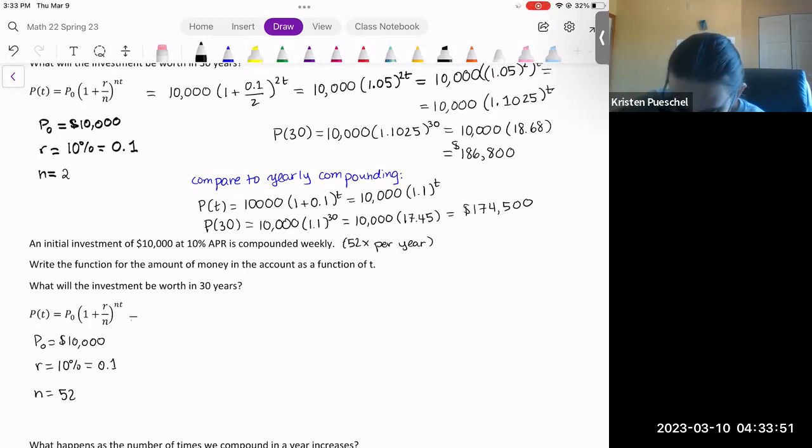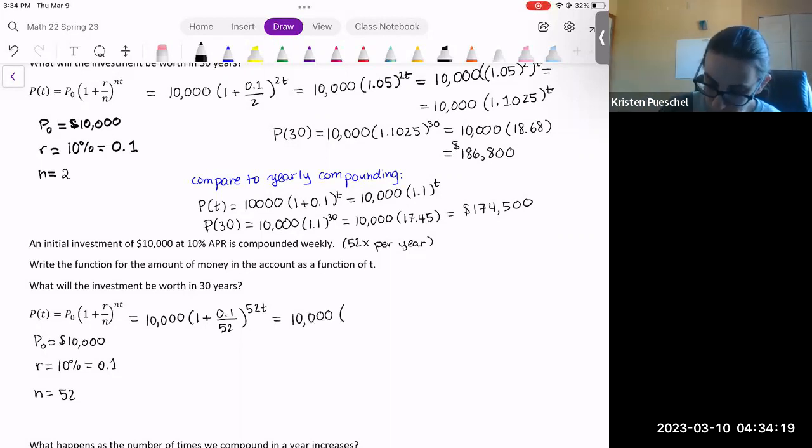Okay, and so this is going to be equal to 10,000 times 1 plus that 0.1, except now we've divided it up into 52 different pay periods, and we have 52t periods. So we can express this as 10,000, and then we're going to use our calculator. So we have 0.1 divided by 52.